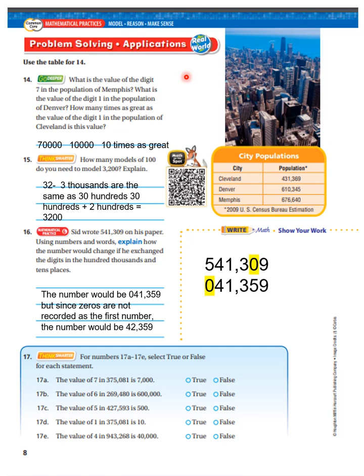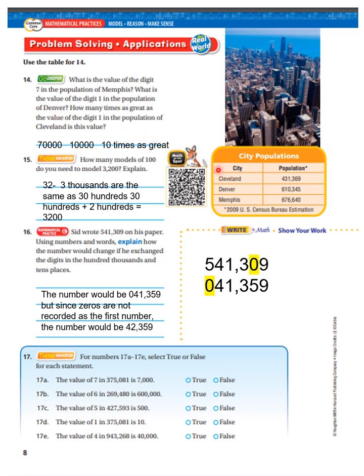It says, first, what is the value of the digit 7 in the population of Memphis? Let me look at Memphis. 676,640. What is the value of the 7? 70,000.